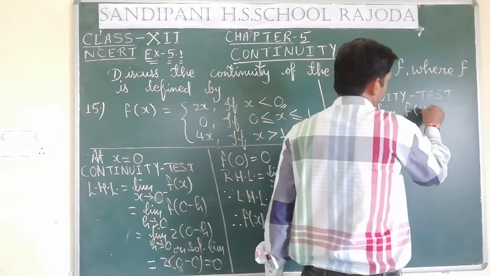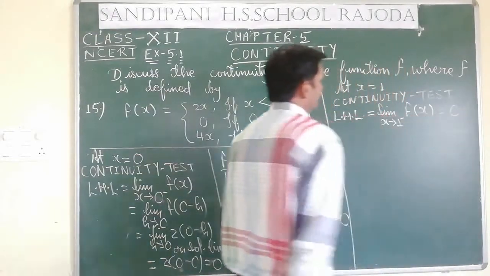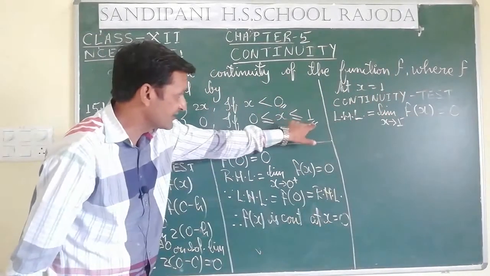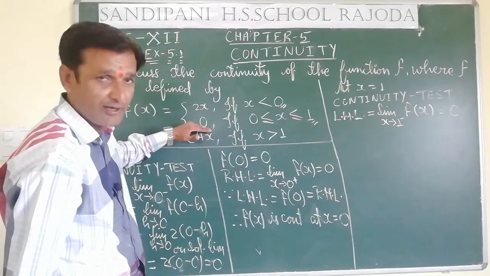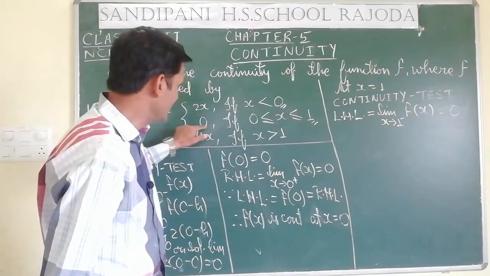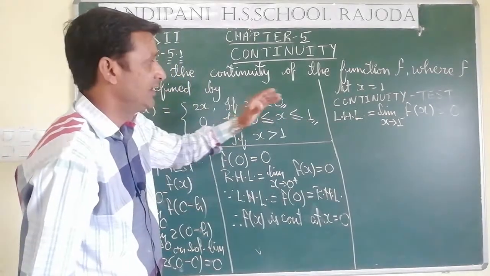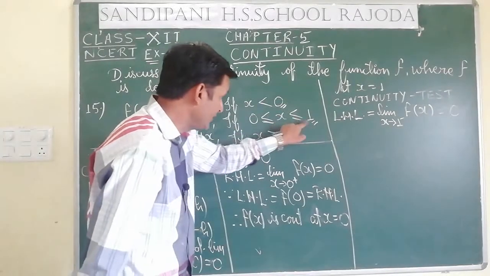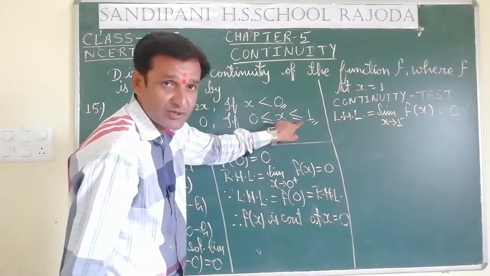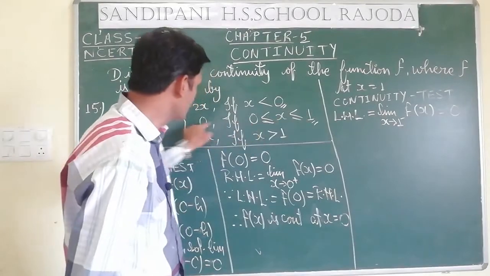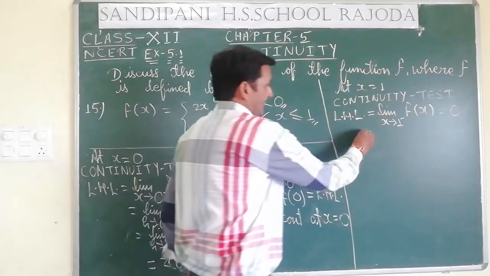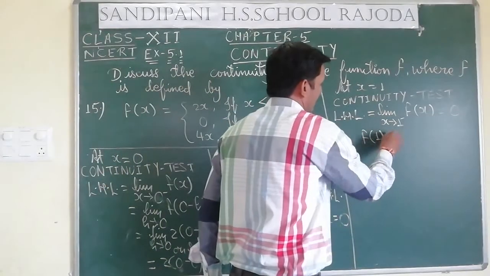F of x is equal to 0. Because x is less than 1, it is 0 only. For x is less than 1, it is 0 only. Less than means what? Left hand limit. For x equal to 1, again it is 0, because equal to sign is also there. So f of 1 is also 0. So f of 1, it is also 0.